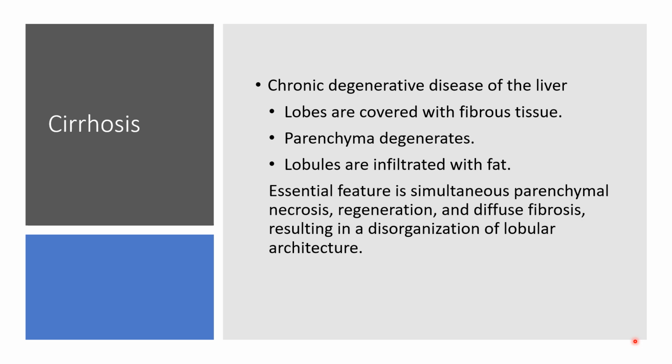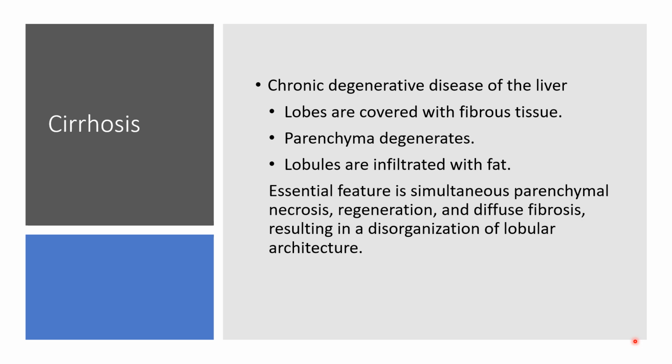When it scars over, that part of the liver becomes non-functional, and then it tries to regenerate. So you end up with this very, again, heterogeneous look with portions of the liver that no longer function. And eventually the non-functioning parts of the liver overtake the functioning parts of the liver. The essential feature is going to be that simultaneous parenchymal necrosis with regeneration and diffuse fibrosis.